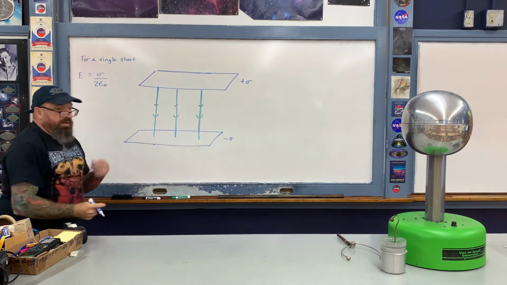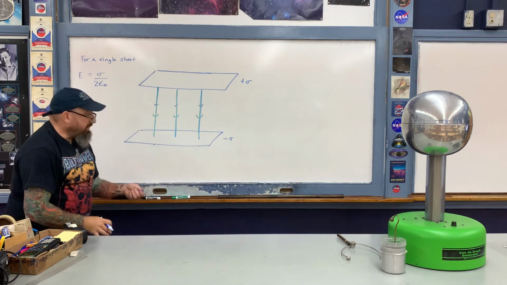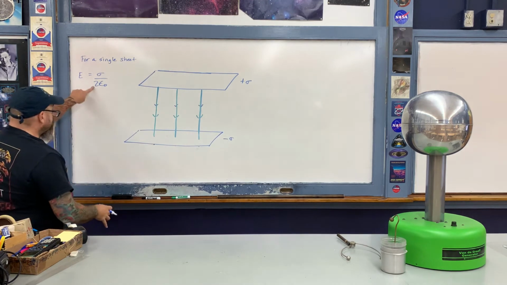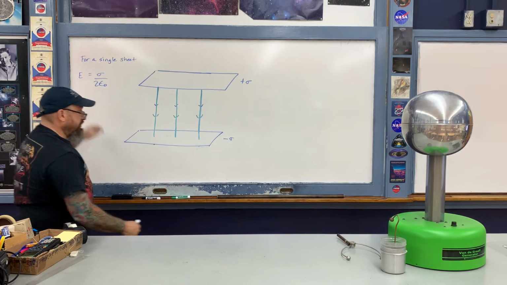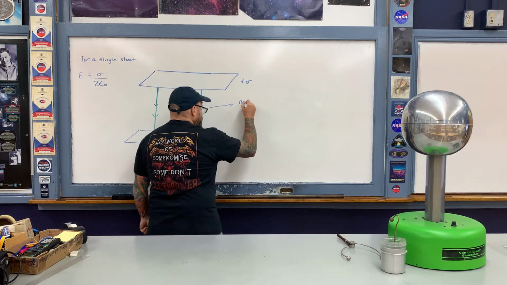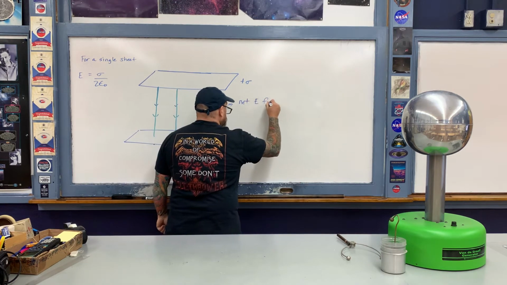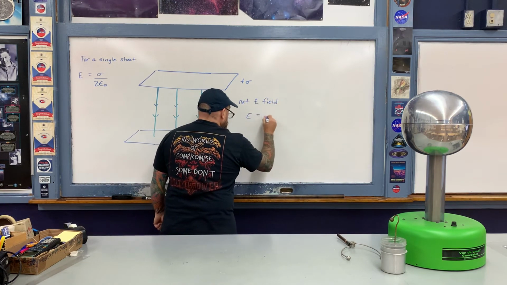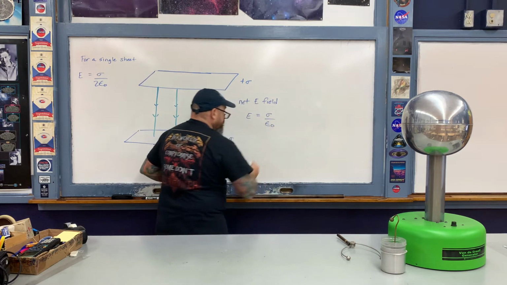The net electric field for the spacing in between the two sheets is this value here multiplied by 2. So here, the net E field in magnitude is sigma over epsilon naught.